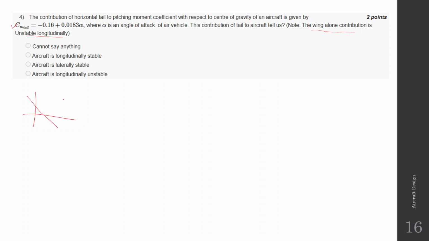We know that Cm naught should be greater than 0 and Cm alpha should be less than 0. And we also know that the wing contribution is unstable. Now the tail contribution is minus 0.16 plus 0.0183 alpha.